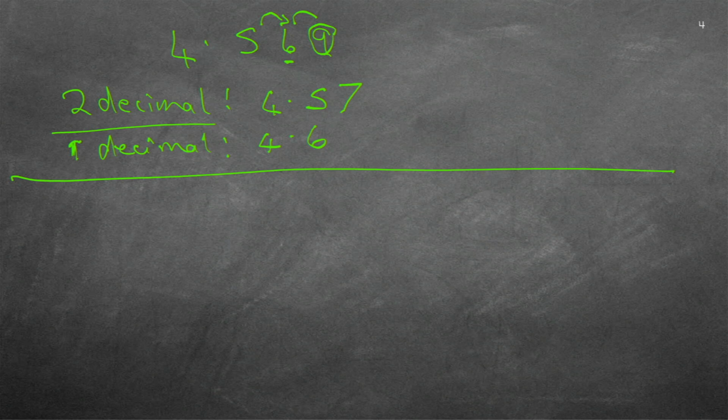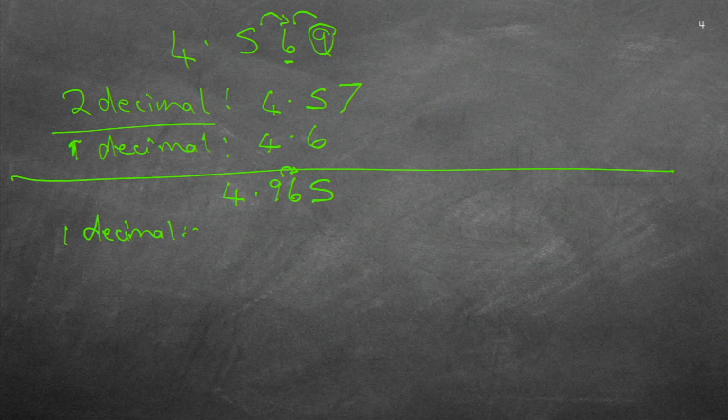Right, now let's do another example. Say they give us an example of 4,965. And now they ask us to round it off to 1 decimal. So remember what we do? We look at that decimal and we look at the number on the right of that decimal.